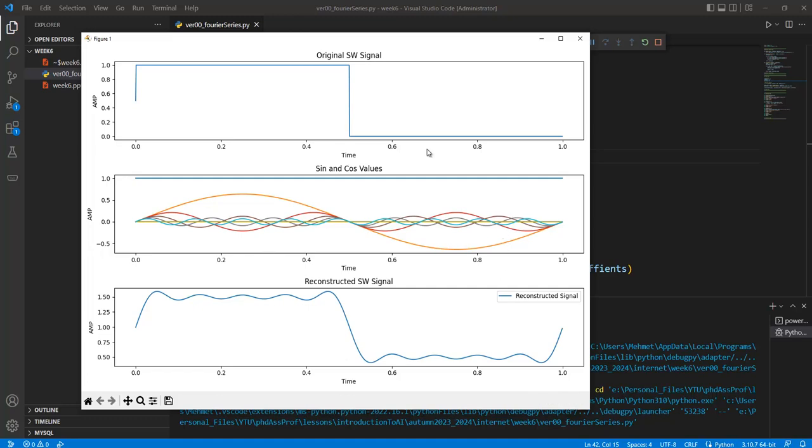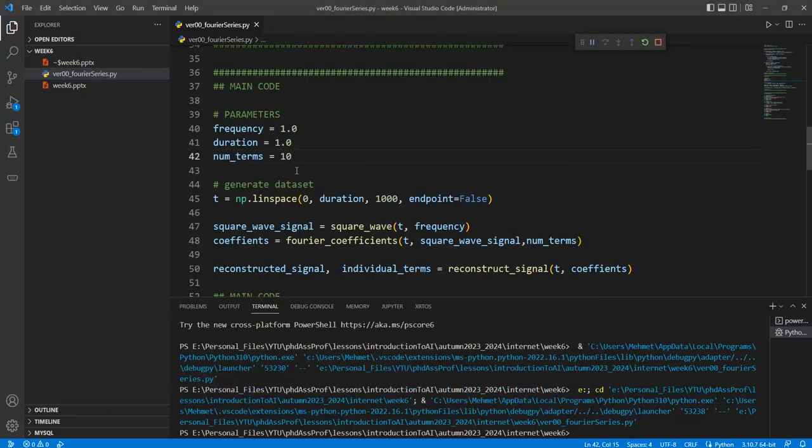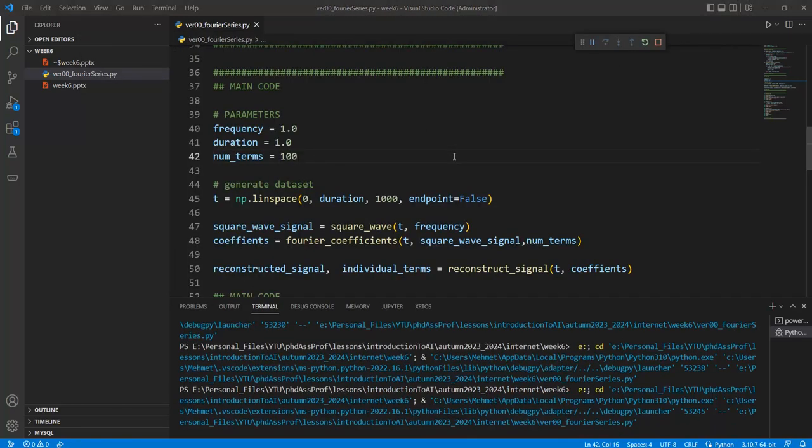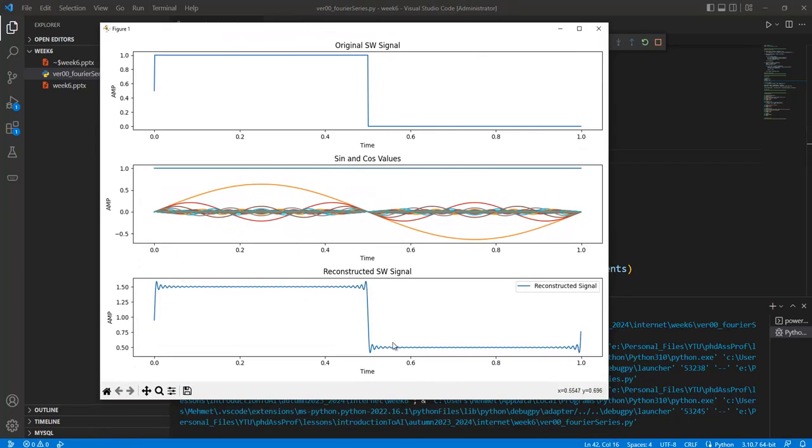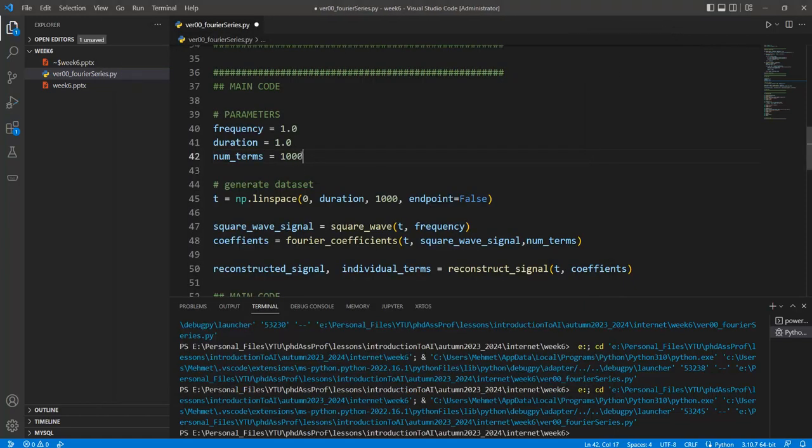It's clear? Okay. And so what about the 100 values? See, it's getting closer to the square values, right? And what about the 1000s?